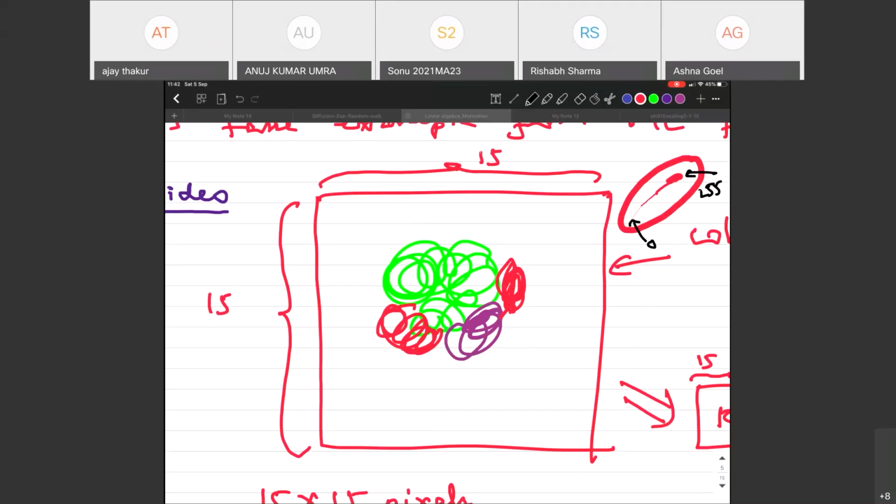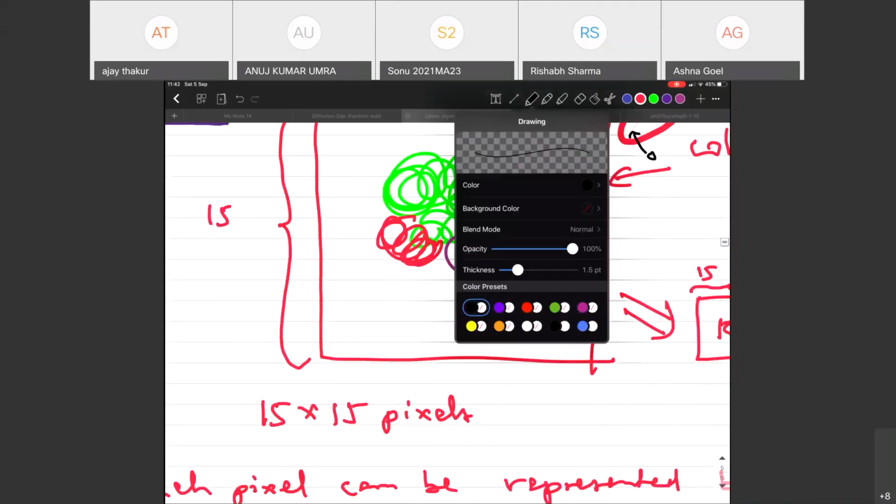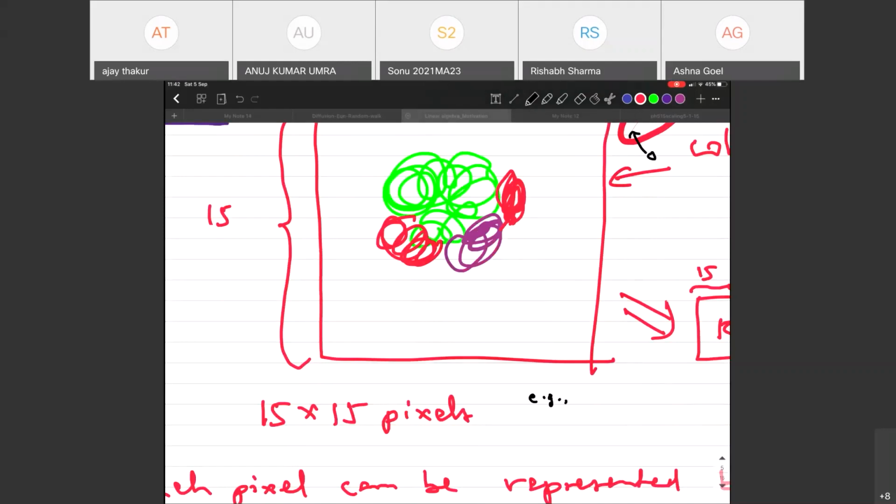For example, suppose I am asking what should be the RGB value for yellow? It would be 255, 255, 0.